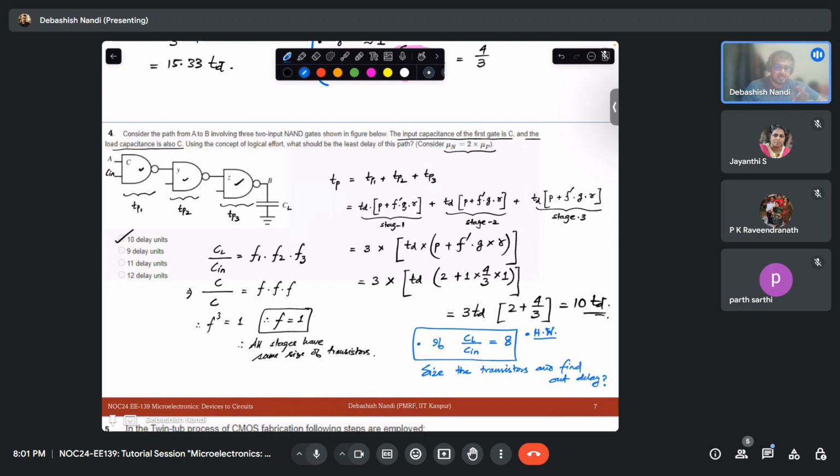Okay. At the last, week 13. So how will you be able to try this out? This problem, the previous problem, and the inverter chain problem I did in the last session. So those three problems will come in handy. If you understood those three problems very clearly, then you should be able to solve this question. Okay, just try. If you do not get it, don't worry, I'll solve it in the summary session.